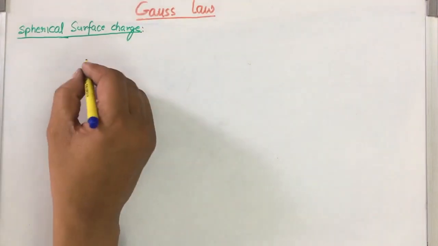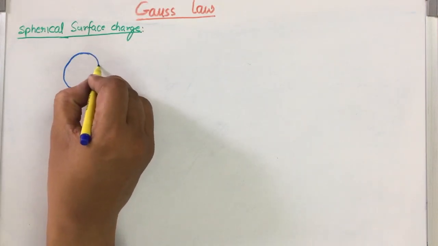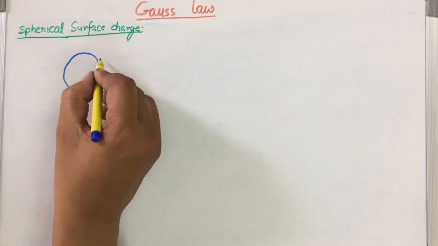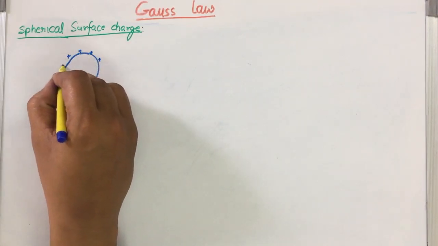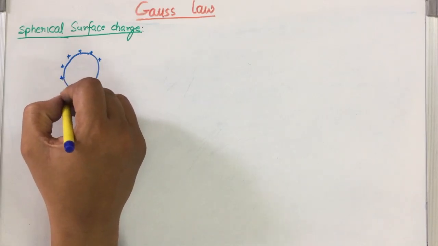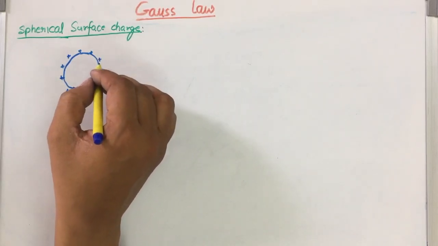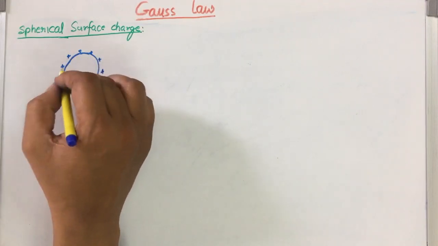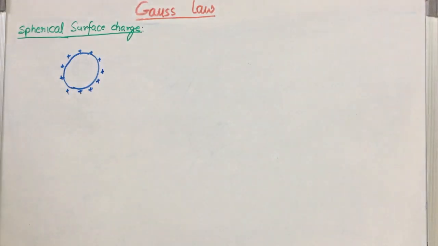It means the charge is distributed at the surface of the sphere. We are not talking about the distribution throughout the volume of the sphere, just at the surface of the sphere.